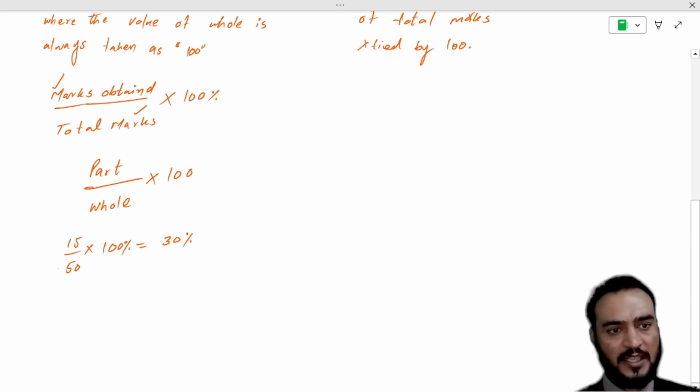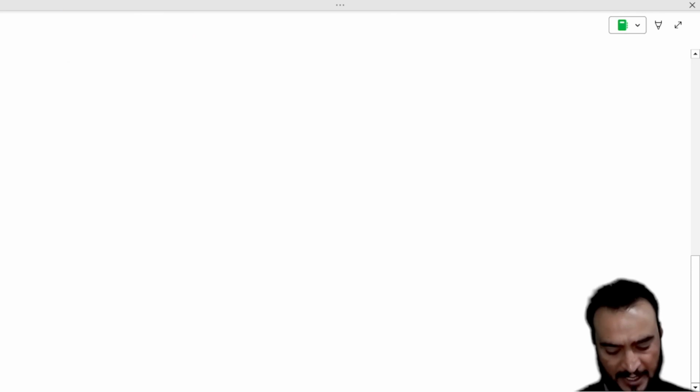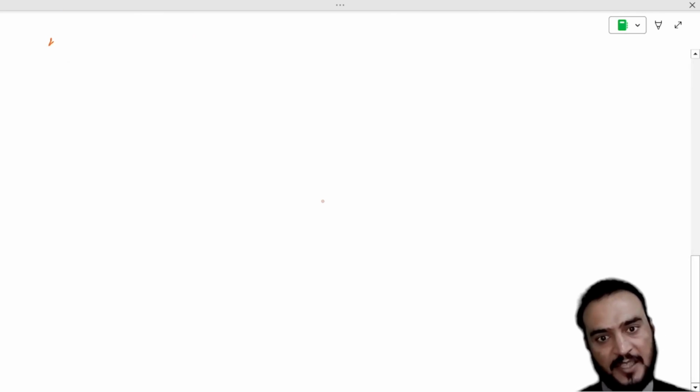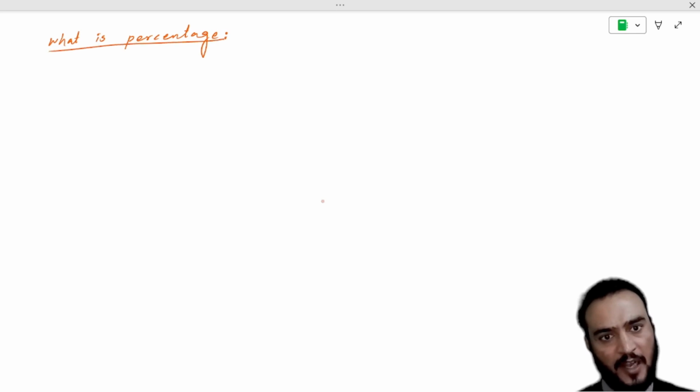So what actually the percentage is, let us discuss here. What is percentage? Here we try to define percentage in exact words.